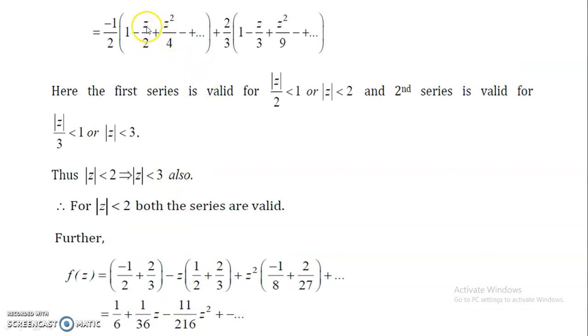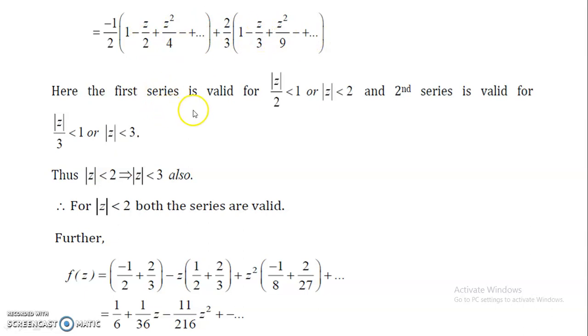Both are of the form minus 1 by 2 into 1 minus z by 2 plus z square by 4, and the expansion of the second term is again in the Taylor series form there.